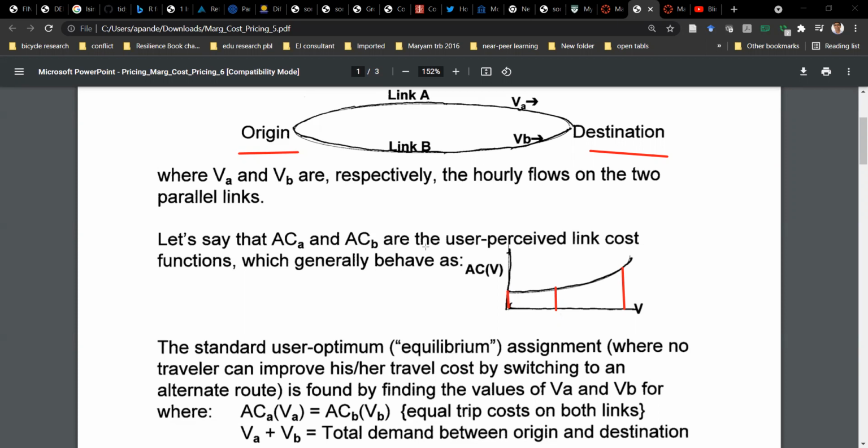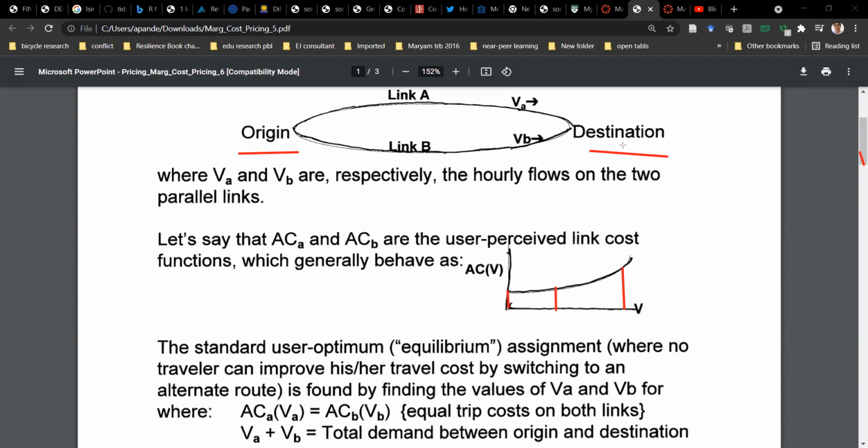So what we are saying here is that in this scenario, there's no point for you to switch routes, and that's where the equilibrium will happen.